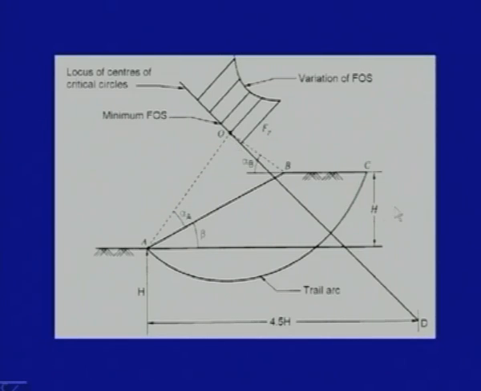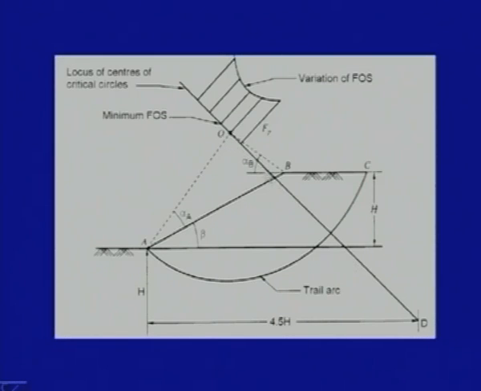A point is taken at a depth h and a distance 4.5 h away from the toe, and this is joined with the point O. This point O was obtained by drawing a triangle in which the angles alpha A and alpha B were available from the tables.